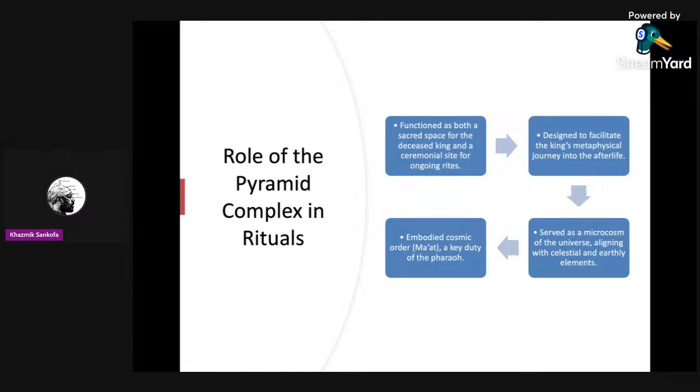As a site of ceremonies and rituals, it was designed to facilitate the initiate's metaphysical journey, our metaphysical journey into death, rebirth, and resurrection. It served as a microcosm of the universe. At one point, we're going to look at the temple, and it embodied cosmic order.